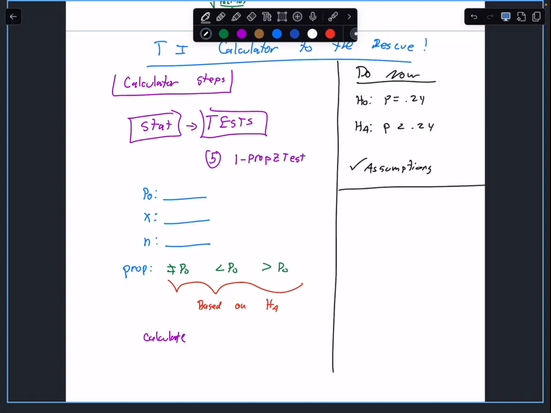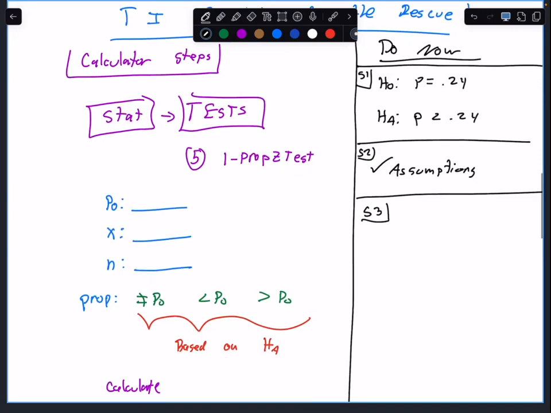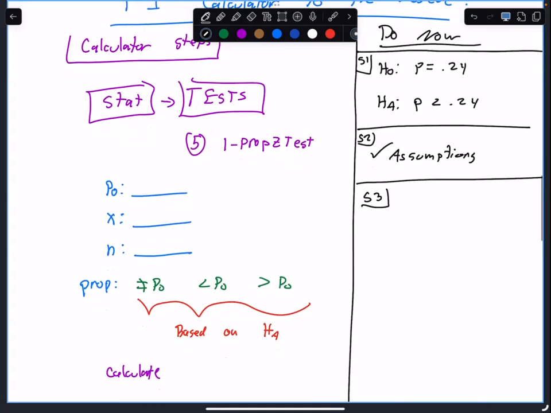And so now, this was step 1, step 2, and now we're on step 3. I think that's kind of clear right there. So we are in the Desmos, we already found the values, negative 2.22 and 0.0132. But we had to do a lot of calculations. That kind of sucked, to tell you the truth.